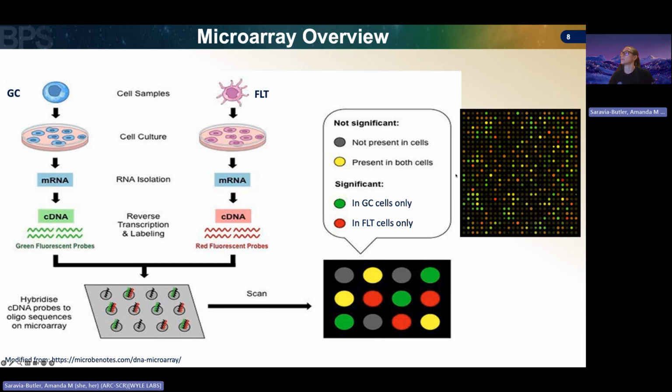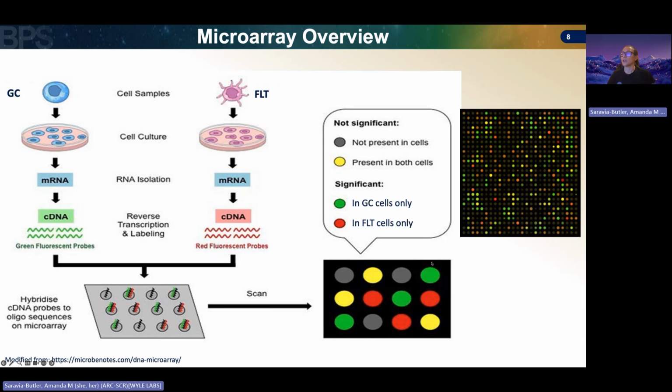And then we have ranges in between there. So something more orange like this would mean that although this gene is expressed in both samples, it's probably more highly expressed in our flight samples. And then similarly, this greenish yellow here would indicate that this gene is expressed in both samples, but more highly expressed in our ground control than our flight samples.